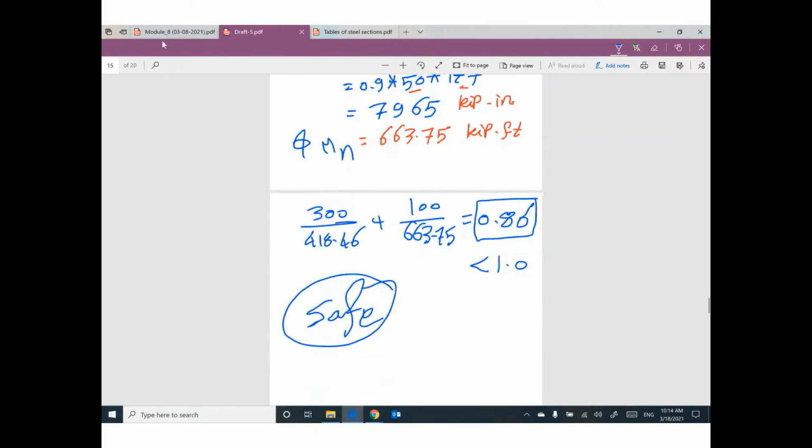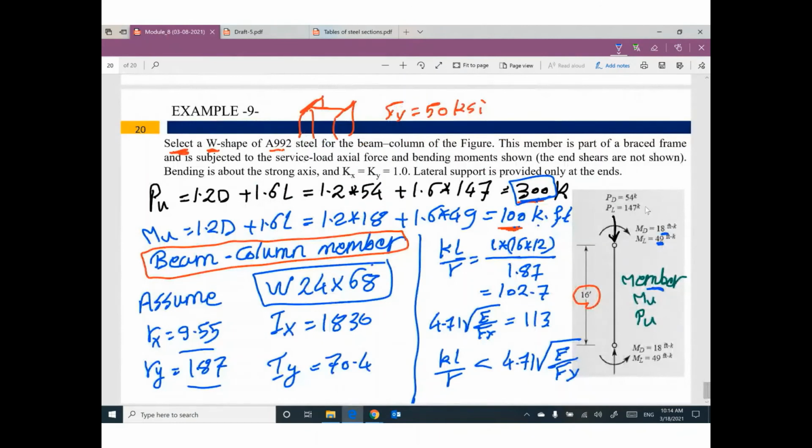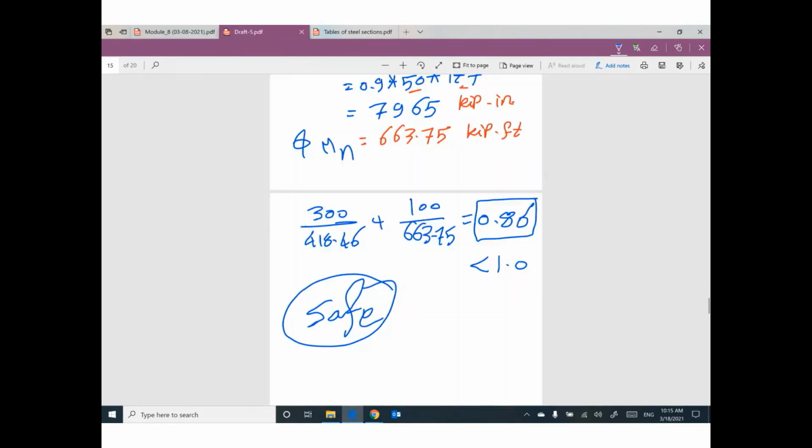So the final conclusion for this member, it will be constructed using this cross section, W24 times 68. One of you, like Burak, will say, no, 0.86, I think this cross section is more safe because we have very limited resources.